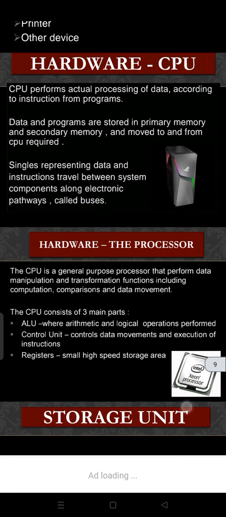Now the hardware. What is hardware? So the CPU performs the actual processing of data according to instructions from programs. Data and programs are stored in primary memory and secondary memory and moved to and from the CPU as required.